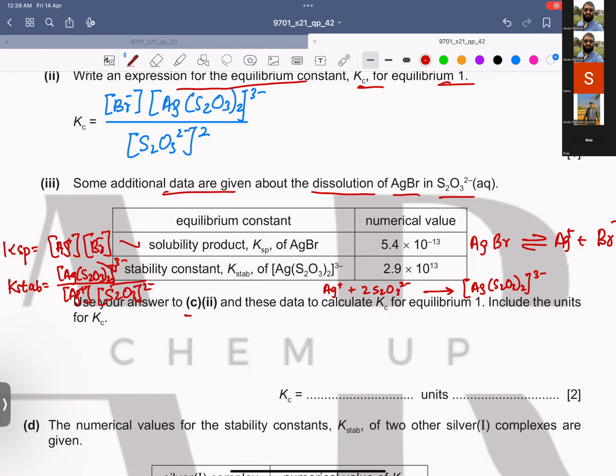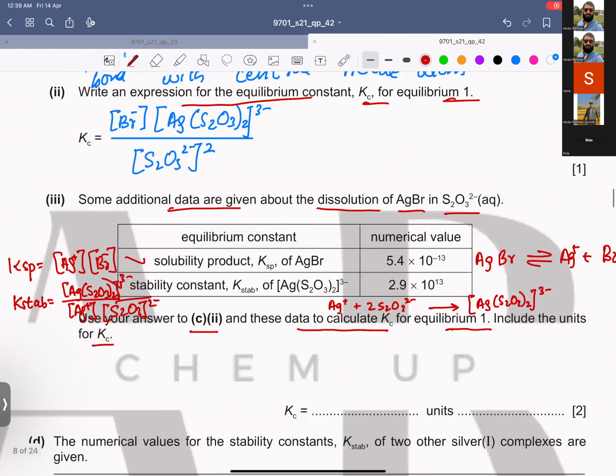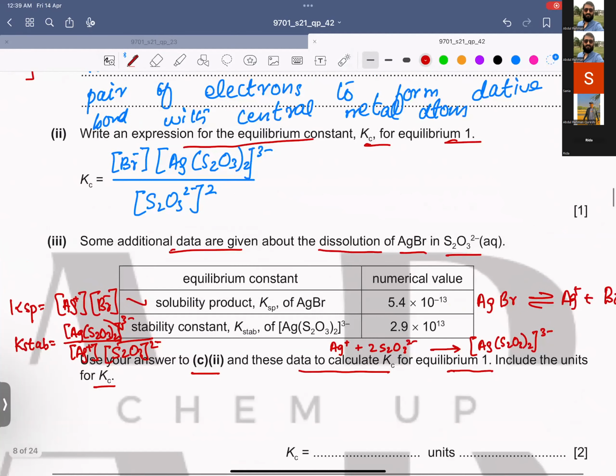Use your answer to C2 and these data to calculate Kc for equilibrium 1. Include the units for Kc.